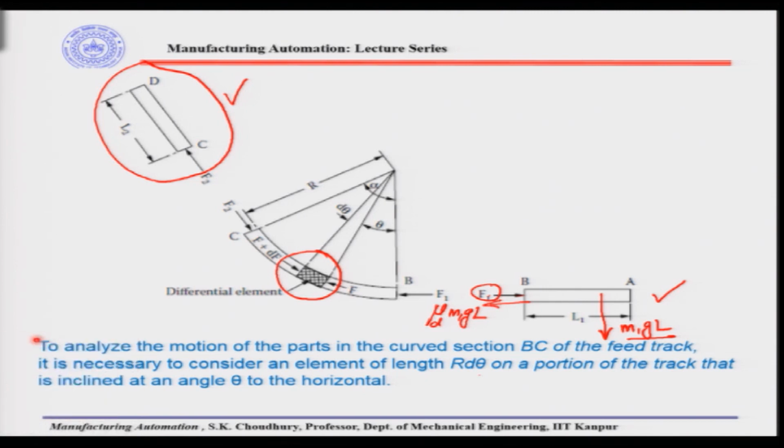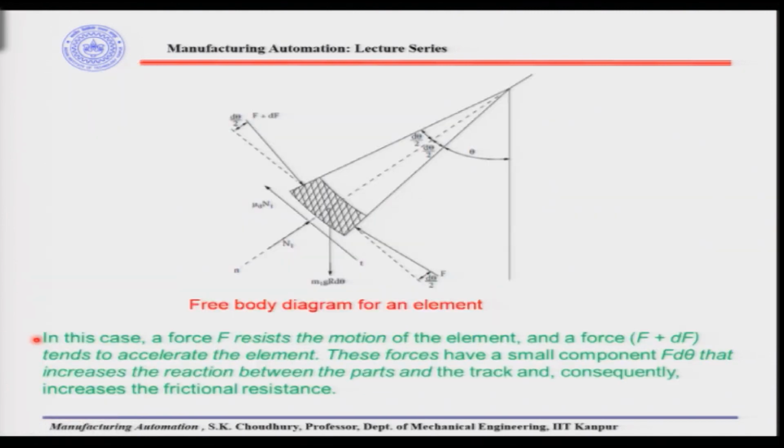Now, for the element that we have taken, let us say the forces acting are as follows. We have d theta here, divided into d theta by 2 and d theta by 2 in the middle, and here the normal force is acting, let us say N1. Because of this normal force there is a friction force mu d N1, and this is the weight of the part, m1 g, and r d theta is the length, as we said.